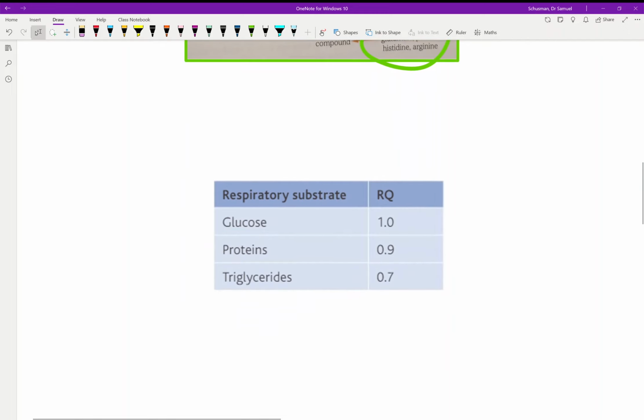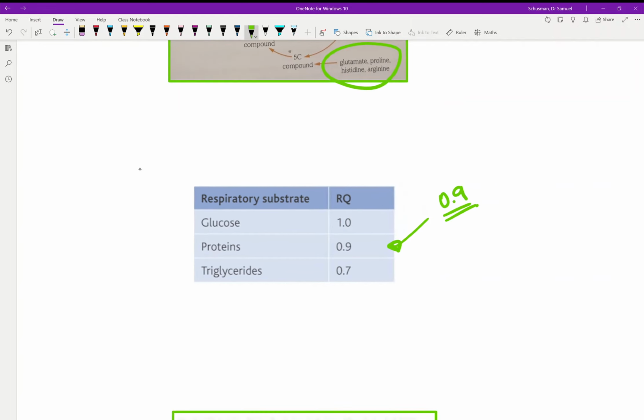And what ends up happening is that if you're actually respiring proteins, you'll get a respiratory quotient of 0.9. So for every 1 gram of oxygen used, you'll have 0.9 grams of CO2 released. And that's all it means. It just means that if you were to measure it, that is what you would get.